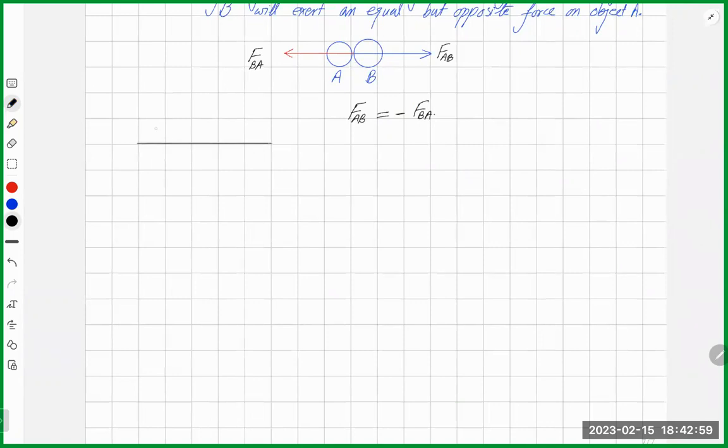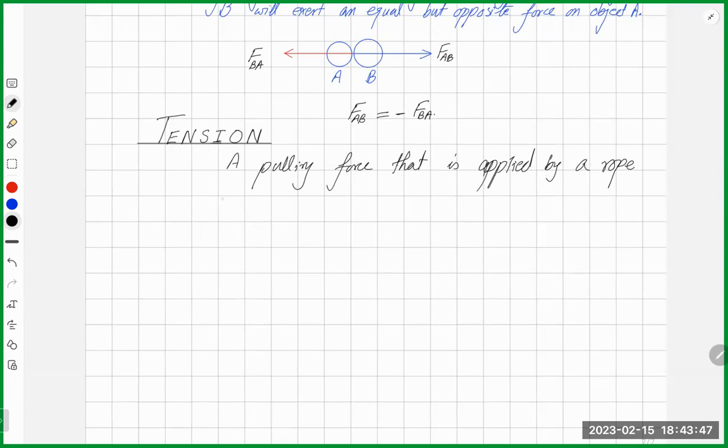Now, one type of force is called tension. What is tension? A force, a pulling force that is applied by a rope, spring or chain is called tension.